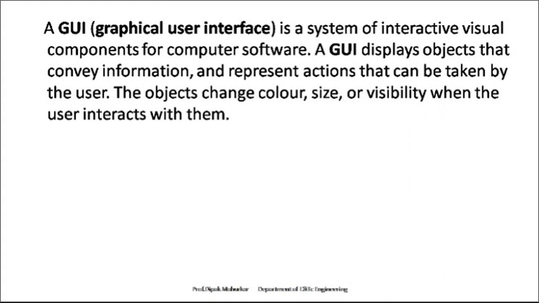Now next is the GUI, graphical user interface. It is a system of interactive visual components for computer software. A GUI displays objects that convey information and represent actions that can be taken by the user.